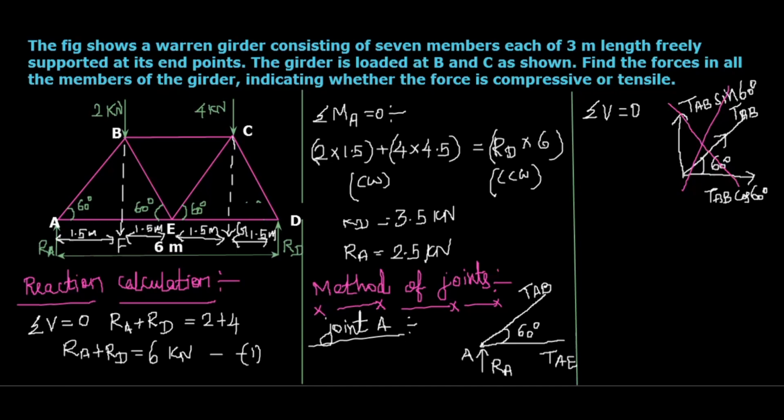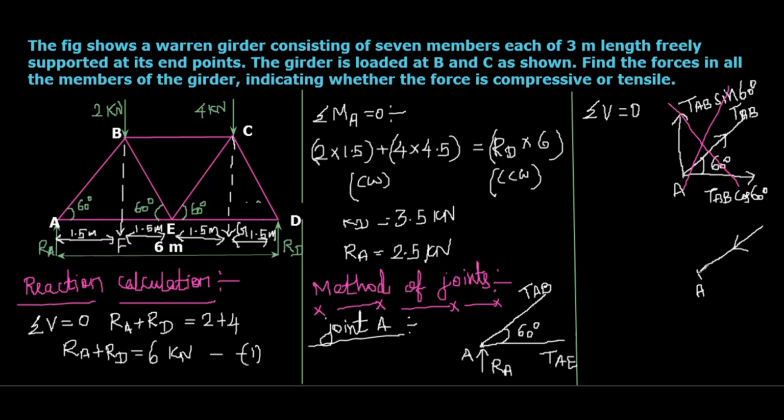Now I'm going to mention the second possibility, that TAB is acting inwards to the joint A. That means this will act in the third quadrant.